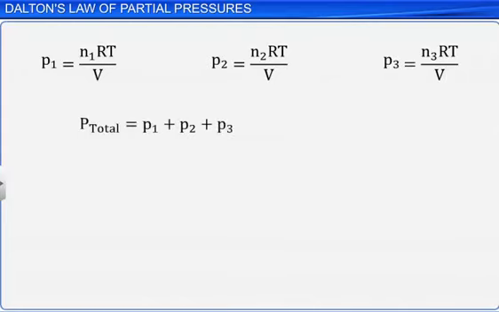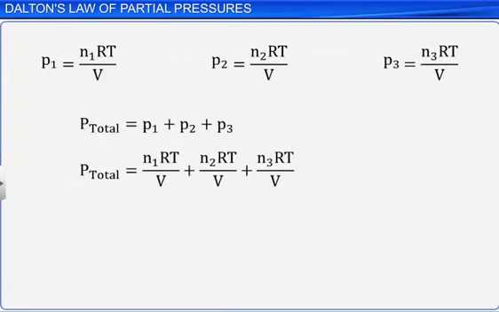On substituting the values of P1, P2, and P3, we get P total equals N1 RT divided by V plus N2 RT divided by V plus N3 RT divided by V. On simplifying, we get P total is equal to N1 plus N2 plus N3 multiplied by RT divided by V.